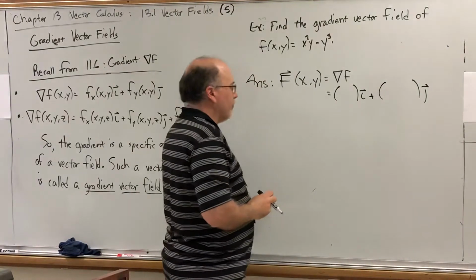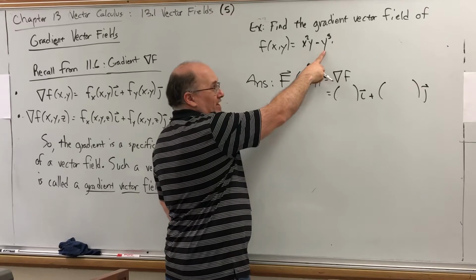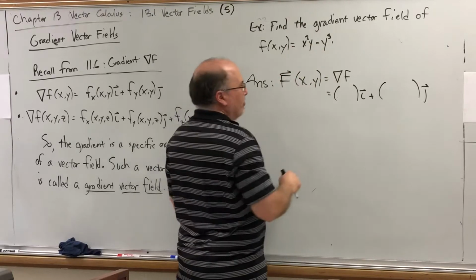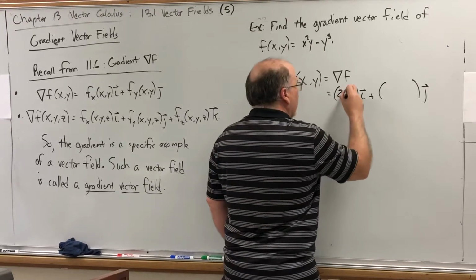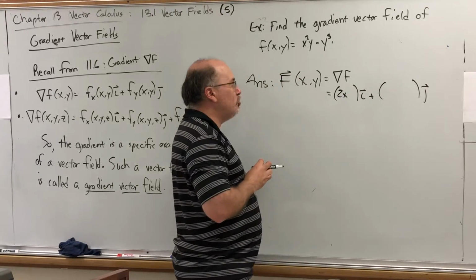The partial derivative with respect to x: y cubed is a constant, so its derivative is 0. So the partial derivative of x squared y is 2xy.